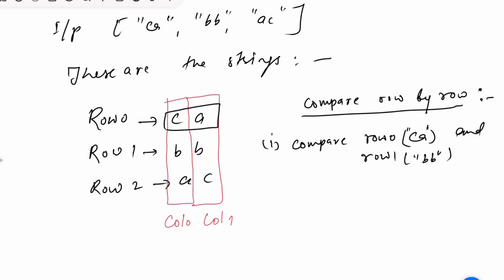When comparing these, look at column 0. We have C and B. Is C less than or equal to B? No, C is greater than B, which is not sorted.